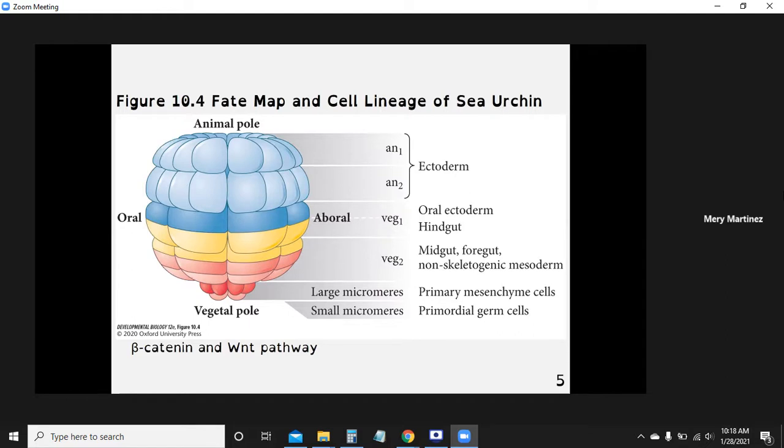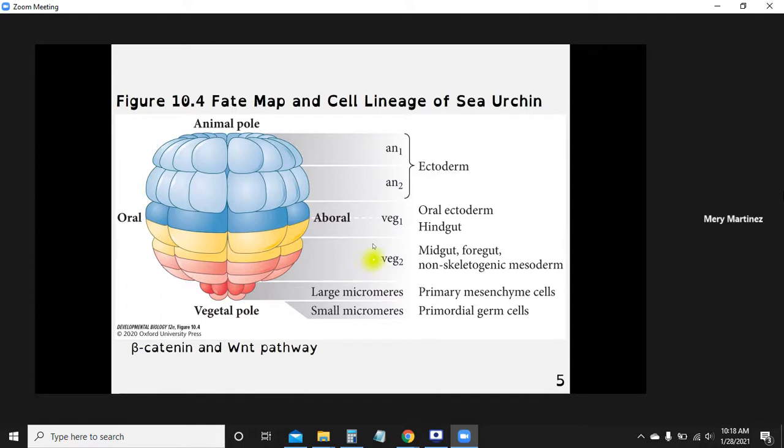So the animal half will become the ectoderm, that's the animal 1 and animal 2 part. The VEG1 layer, which we have here, produces cells that can produce ectoderm and endoderm. That's why it has the blue color and the yellow color. Remember, yellow is always endoderm.